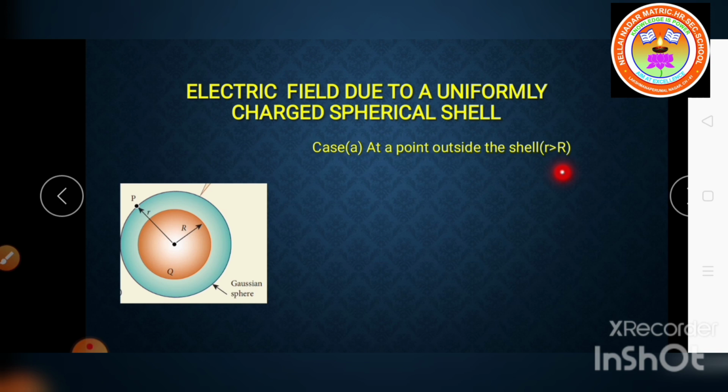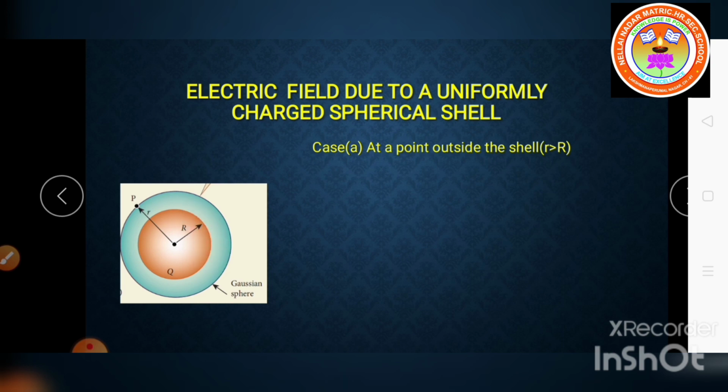Now, I am going to consider one point P outside the shell at a distance small r from the center of the spherical shell. Here the charge is uniformly distributed on the surface of the sphere.